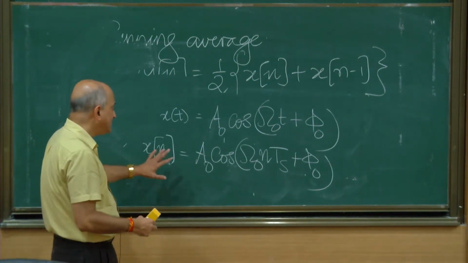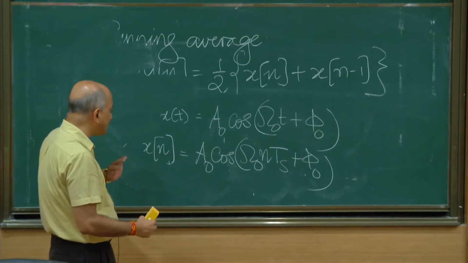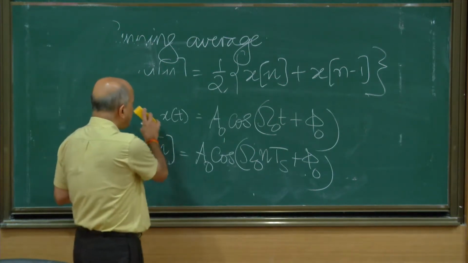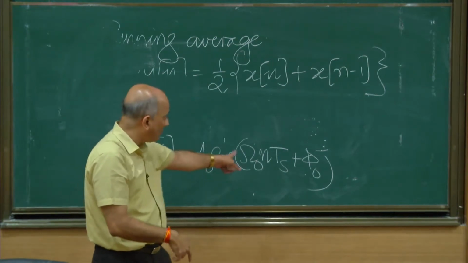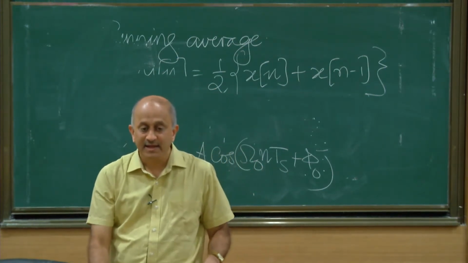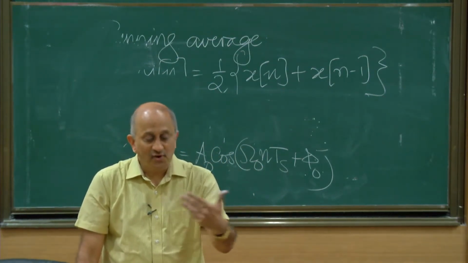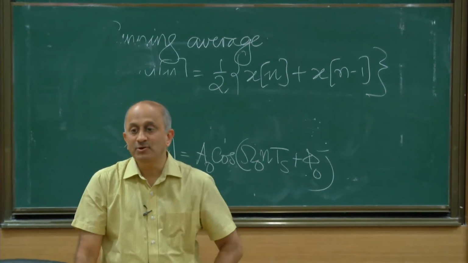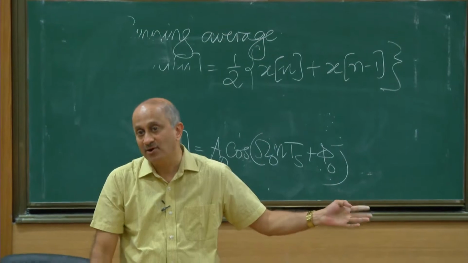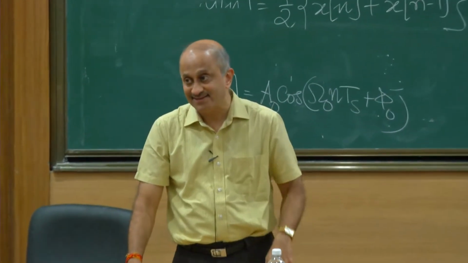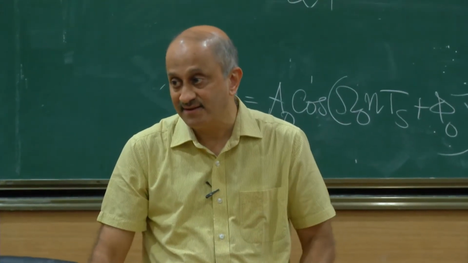And now you need to ask the question: is there a limit on how you could handle omega naught? In other words, up to what range of omega naught will you be able to distinguish this sequence, or are there values of omega naught which would produce the same sequence? That's another way of asking the question.